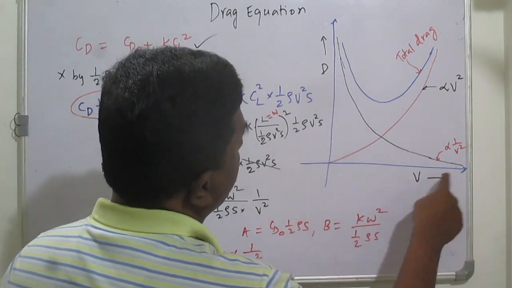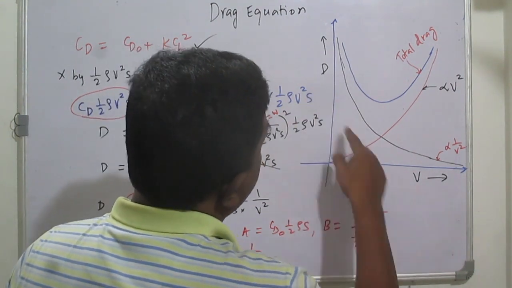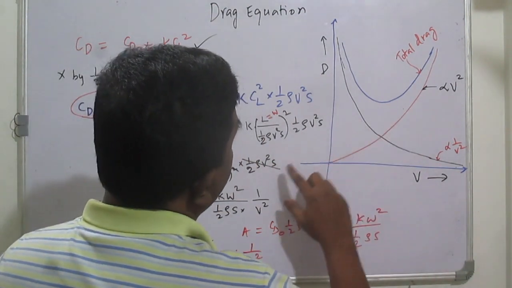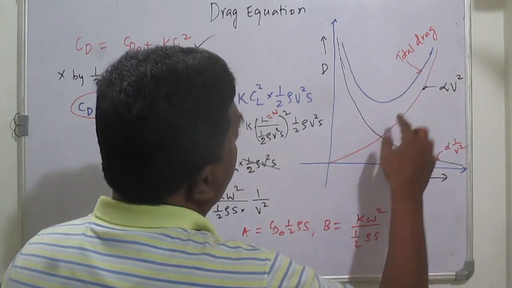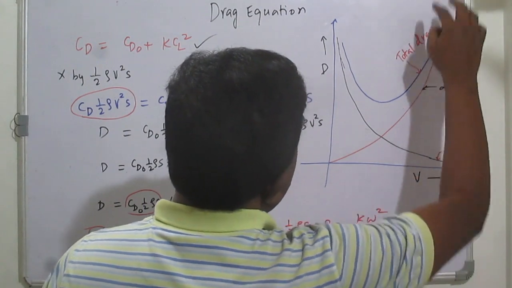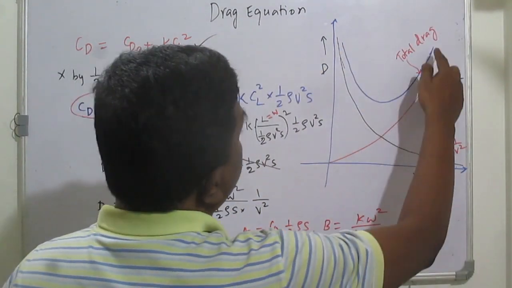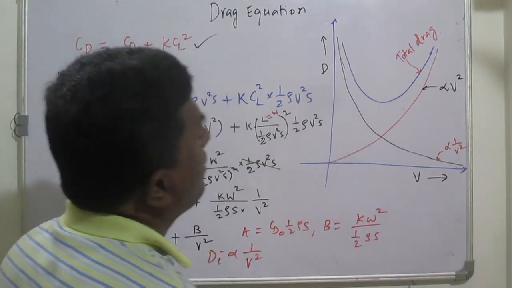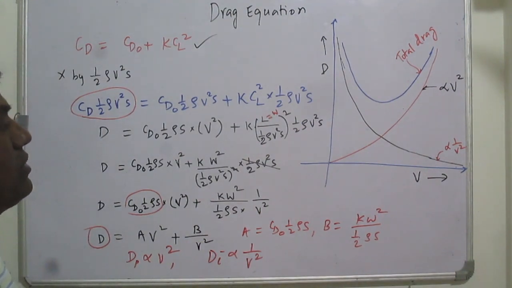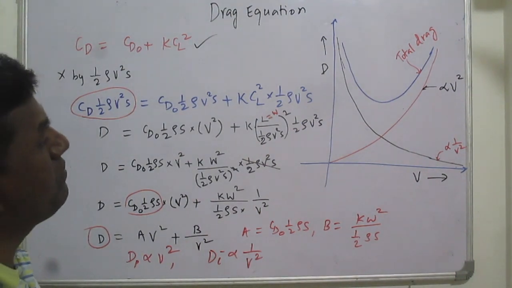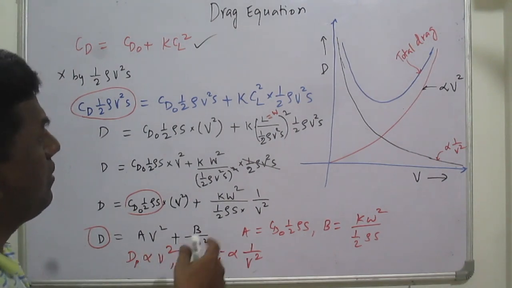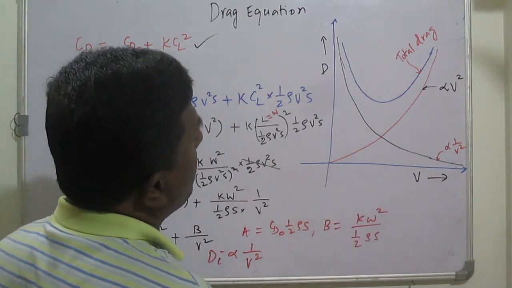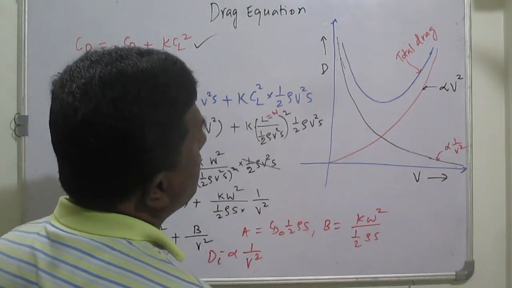As the velocity increases, the induced drag becomes lesser and lesser, while the parasite drag keeps increasing. After some time it may not keep increasing but may go straight; we can understand that from this graph. I hope this explains how the drag equation plays a role in defining the induced drag and parasite drag, and how they vary with respect to velocity.